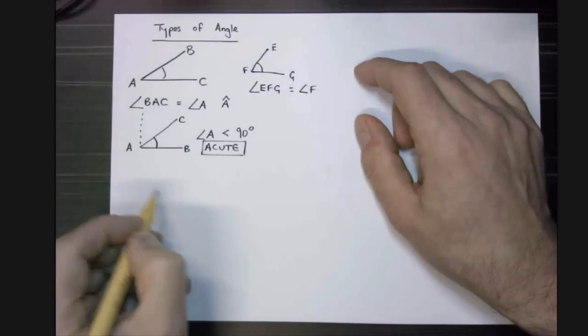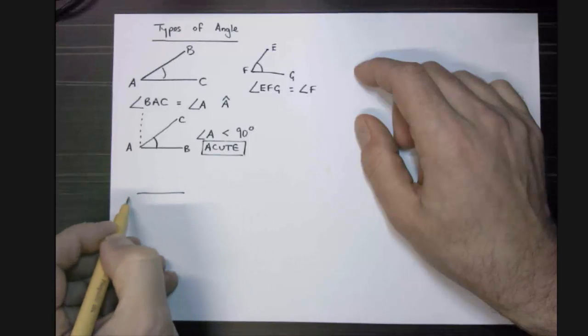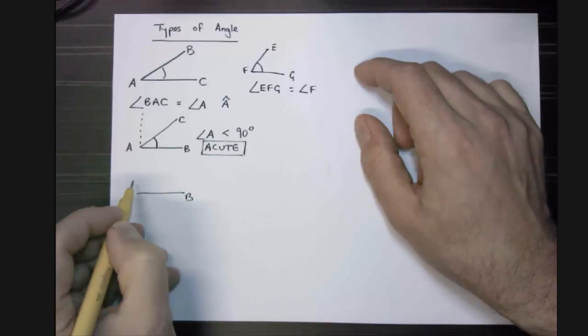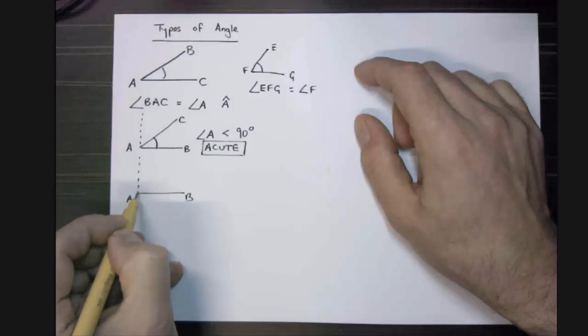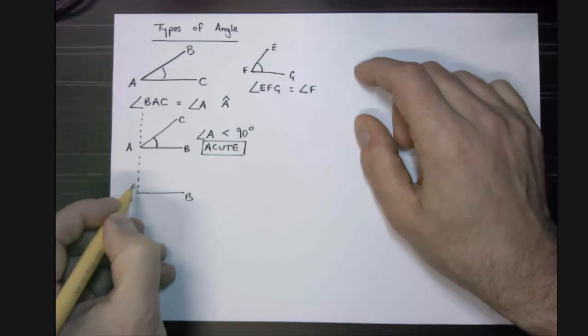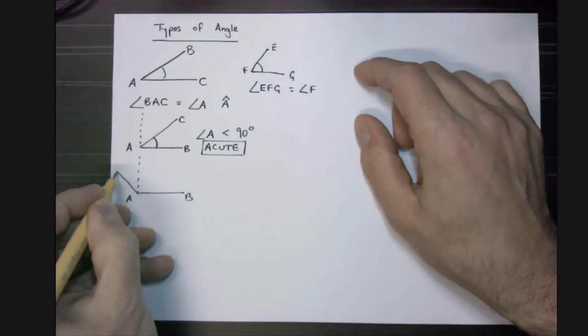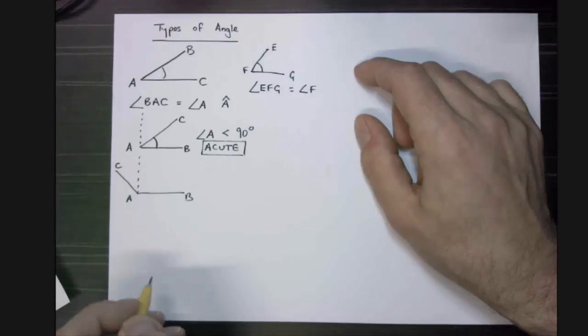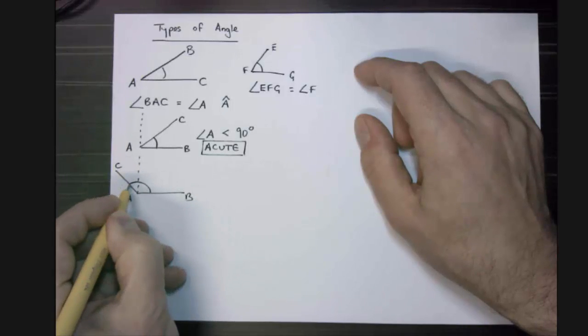The next one is if it's a bit bigger. If it's more than 90 degrees, so let's do AB here, and here's 90 degrees, and let's do an angle that's bigger than, so it goes all the way over here, so C would be over there. This is the angle inside here.